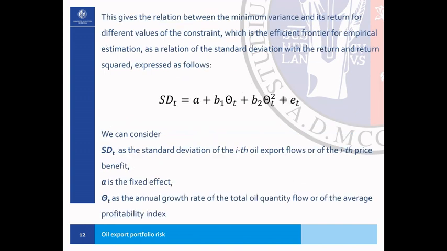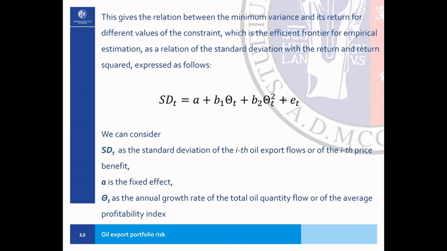So by using the standard Markowitz 1952 portfolio approach, you can say that the standard deviation is a function of the square root of the return. Remember, standard deviation here is the portfolio variance of your exports, and the return can be the growth rate in physical terms or the nominal price in dollar terms per ton.